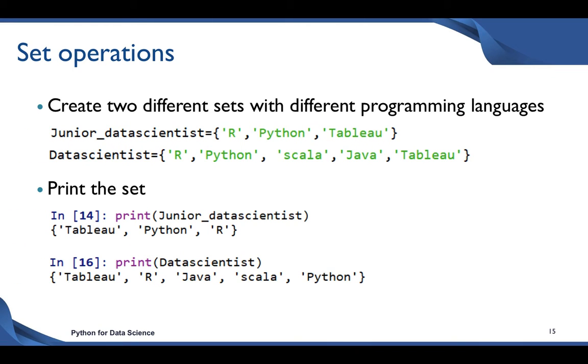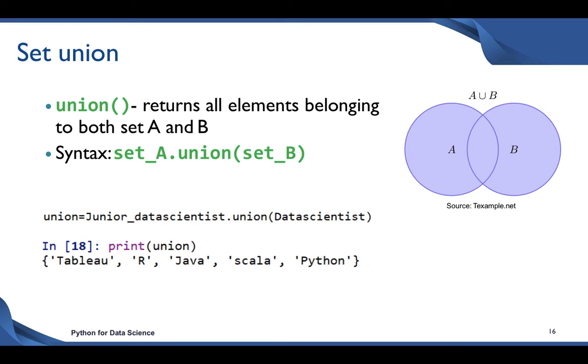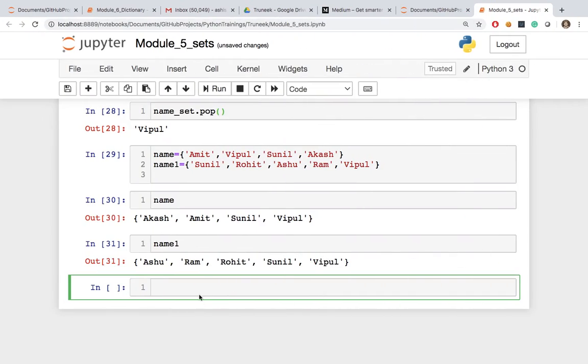Okay, so now we wanted to return all the elements belonging to set A and set B. So this is basically a union of both the sets. Find me all the elements, but I only want unique elements, right? So that could be done by using your set operation, that is union.